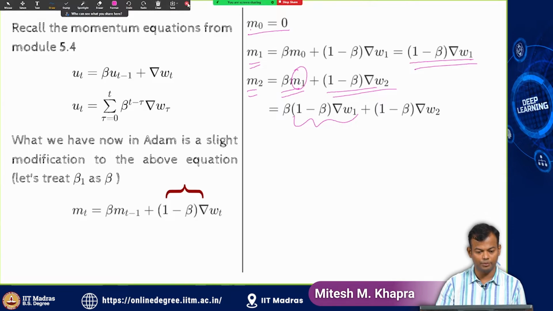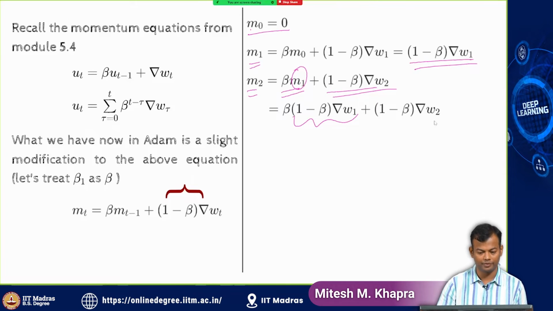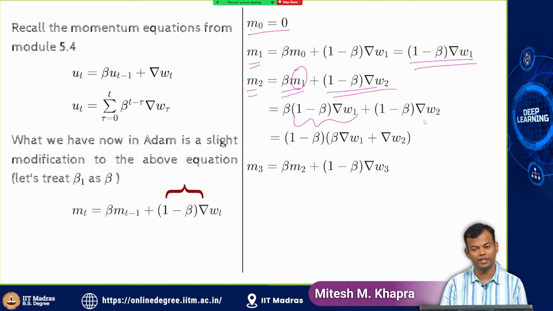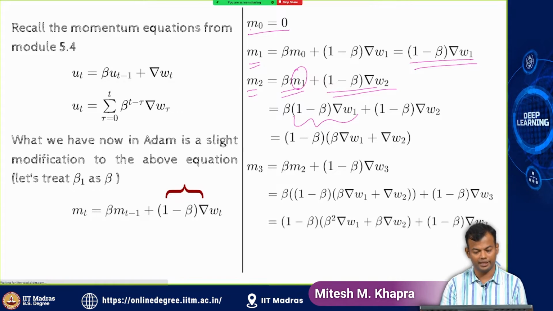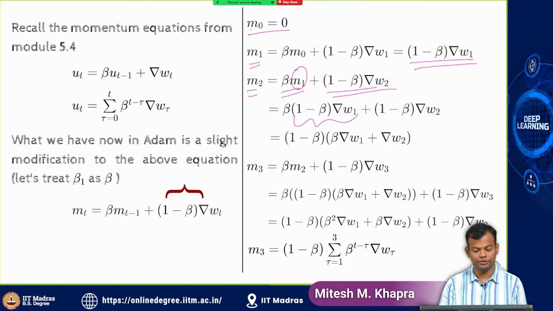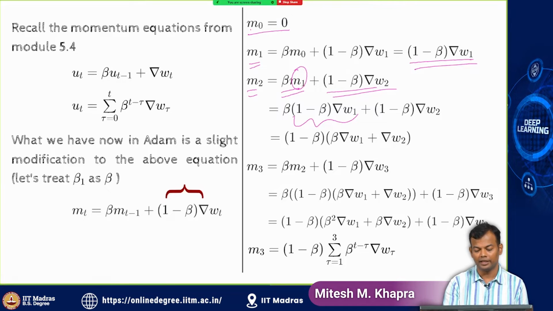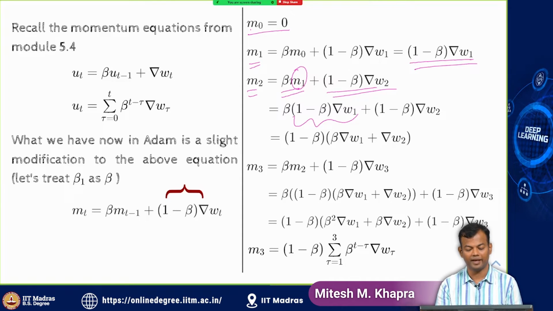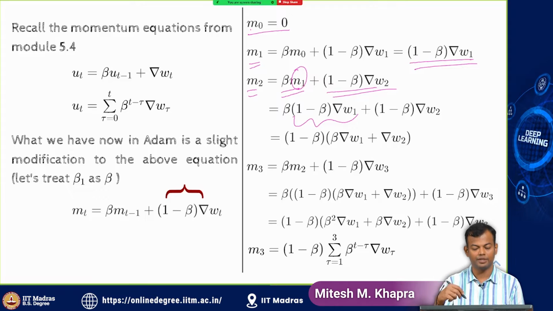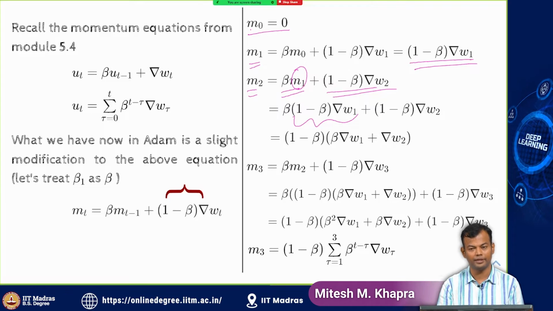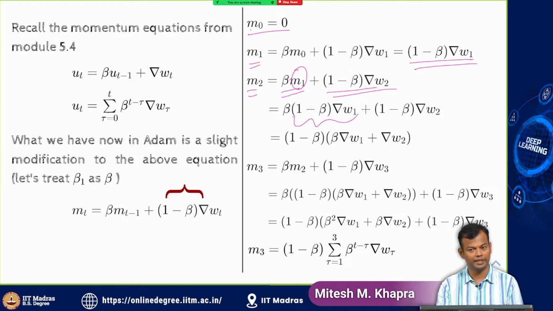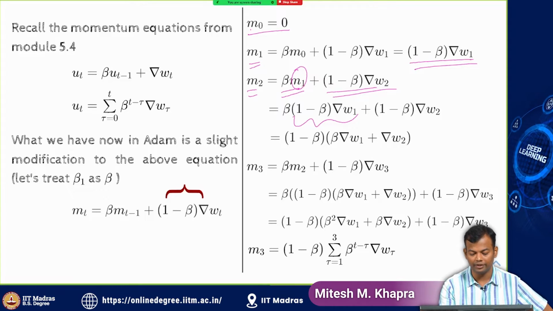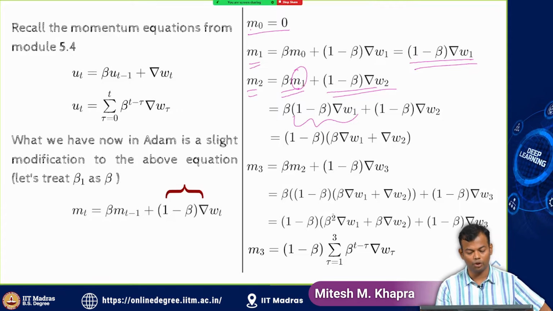So as I keep doing this, let's see where I reach. I'll again reach some kind of a formula. So m3 is going to be this, and if I expand it, I get this. Now if I look at m3, the 1 minus beta factor I can take out, and it is the sum over time steps 1 to 3, beta raised to t minus tau into the derivative at that time step, right? So I have the 1 minus beta term which I have taken out common.